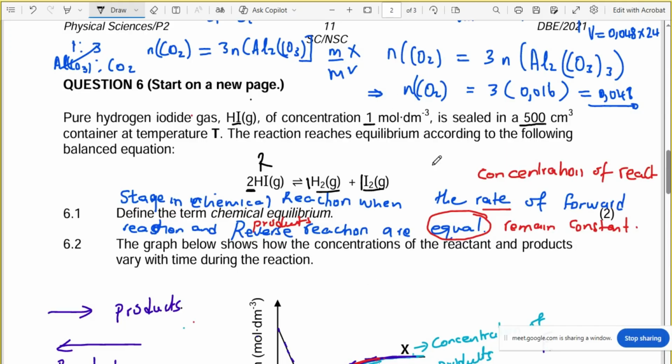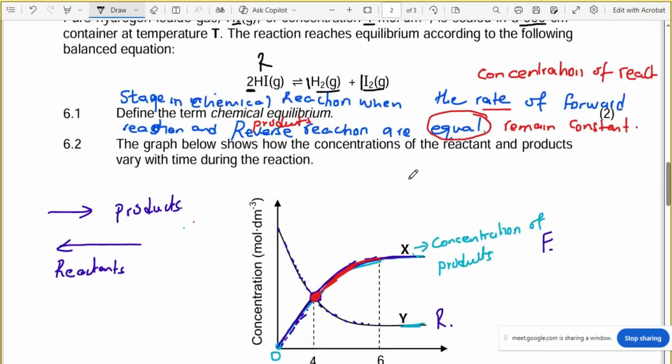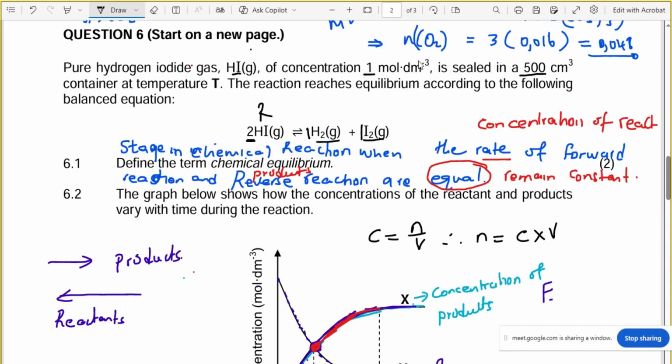So we can use that information to calculate the number of moles initially. Because remember, C is equal to n over V. Therefore, the number of moles will be the concentration times the volume. The concentration is given as 1, multiplied by the volume, converted by dividing by 1,000, which is 0.5.